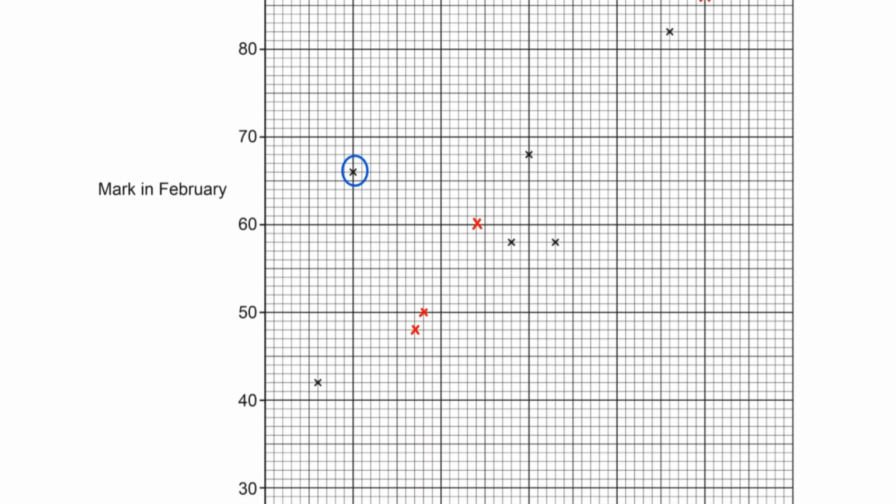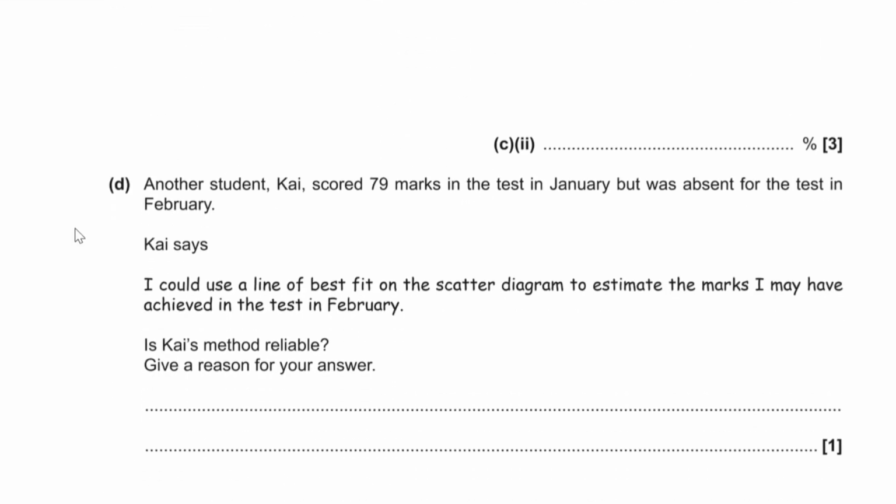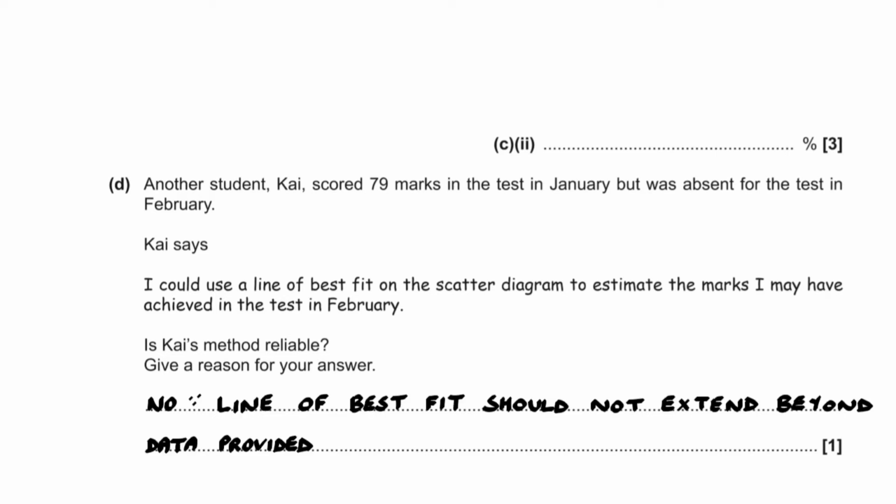Now the problem with this is the line of best fit should not go beyond the data provided. So his method is not reliable, and that's because the line of best fit should not extend beyond the data provided.